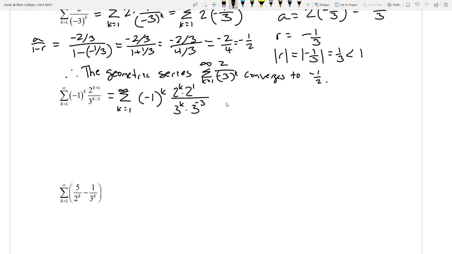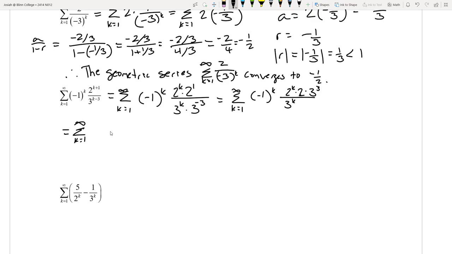We'll evaluate our exponents here. We've got negative 1 to the k, 2 to the k times 2 times 3 to the third over 3 to the k. Again, we take all the stuff that's to a k power and put it together, k equals 1.